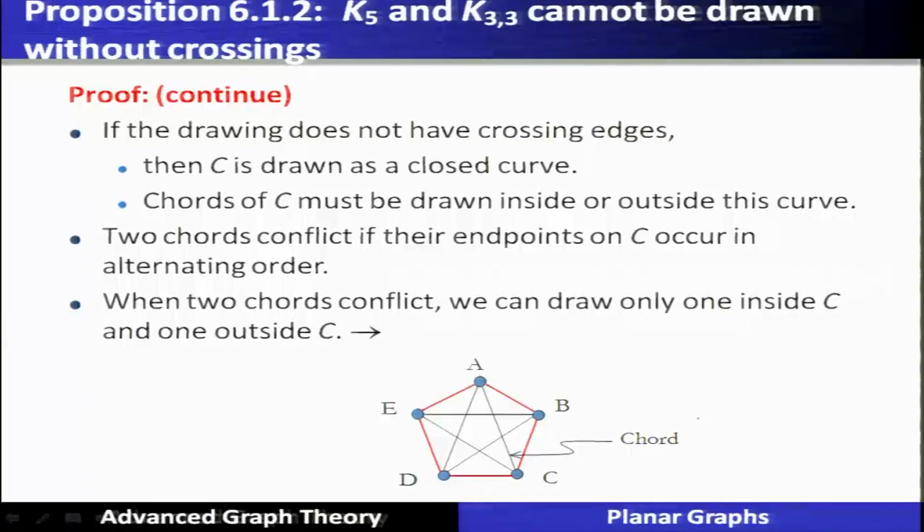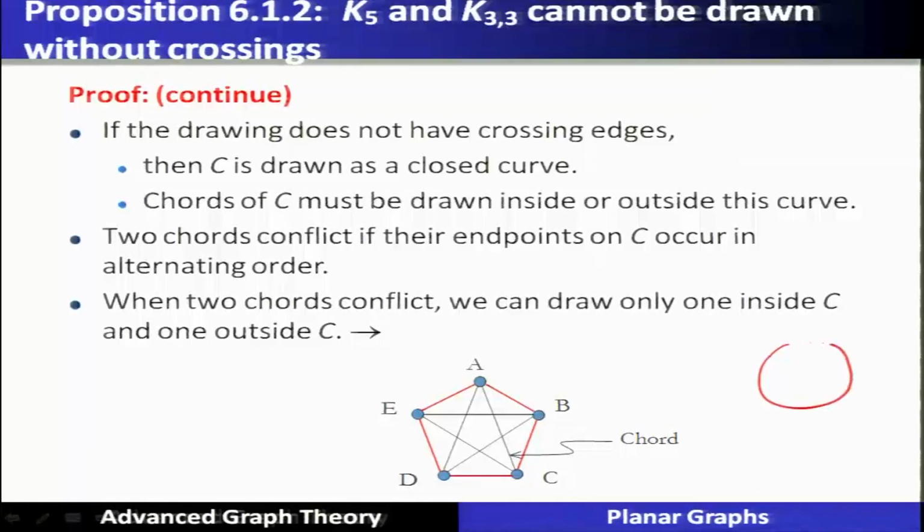Now, if the drawing does not have crossings, then this spanning cycle is drawn as a closed curve. The chords of C must be drawn inside or outside this curve. Two chords conflict if their endpoints on the spanning cycle occur in alternating order. When two chords conflict, we can draw one inside and the other outside.